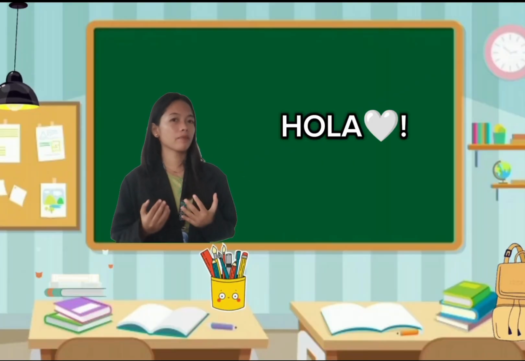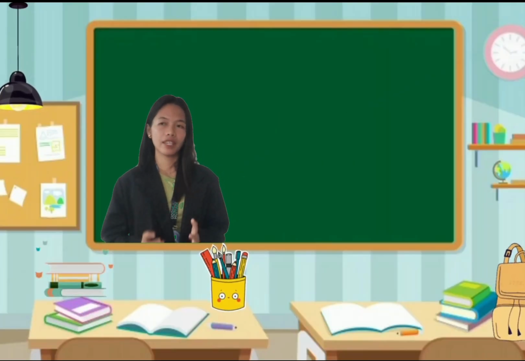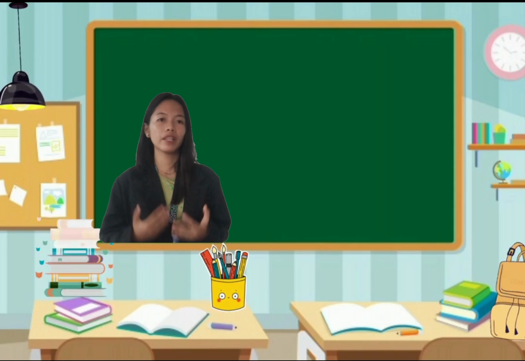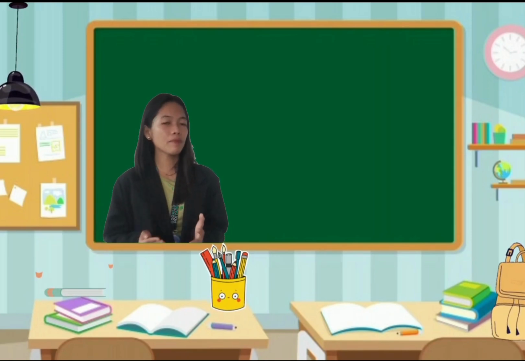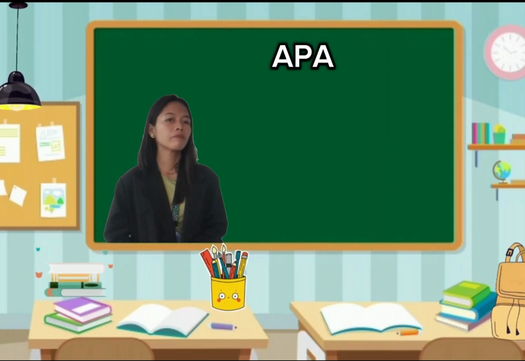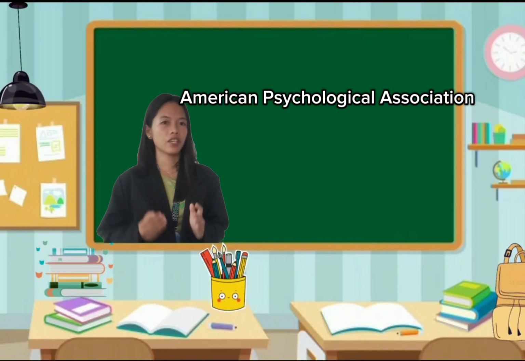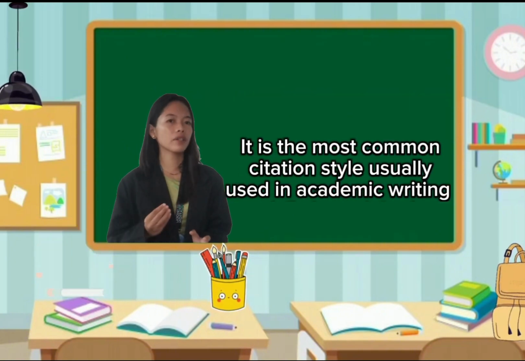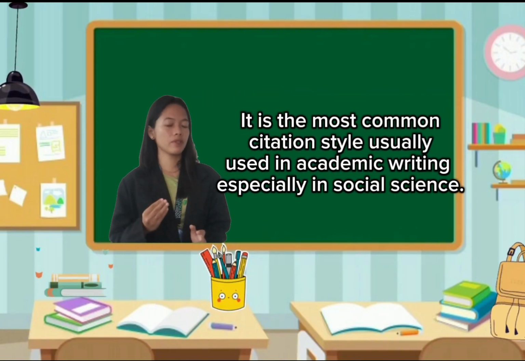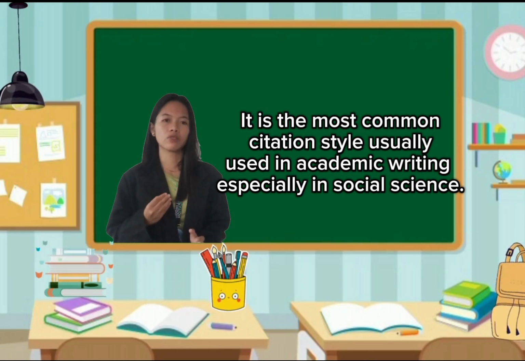Hello everyone, I am Kristen Otordos, and now that we're done discussing the basic elements of MLA, we will move on to the basic elements of APA, which stands for American Psychological Association. It is the most common citation style usually used in academic writing, especially in social science.